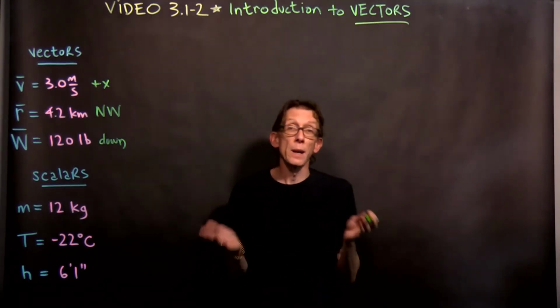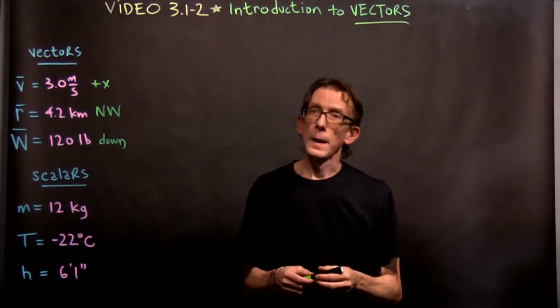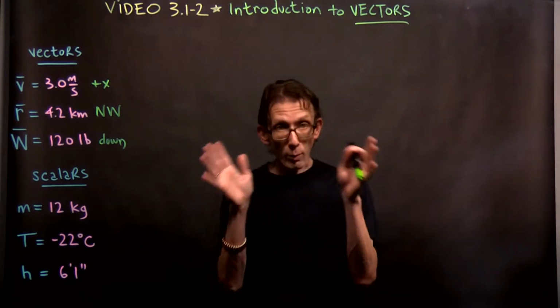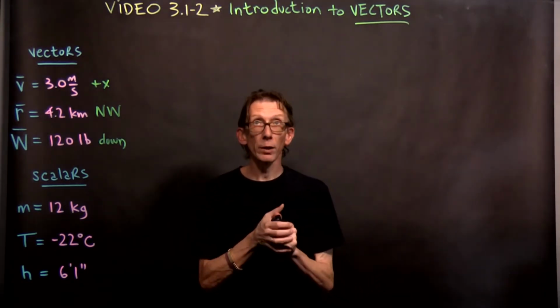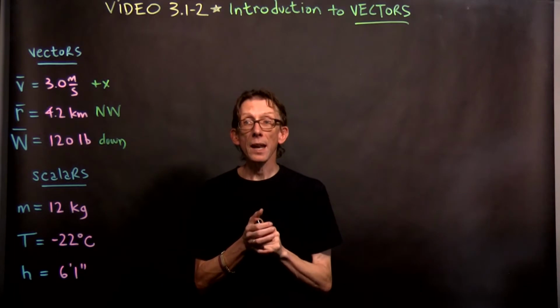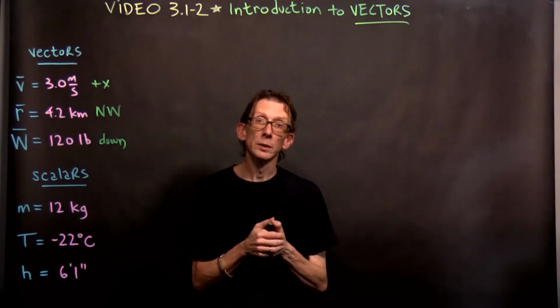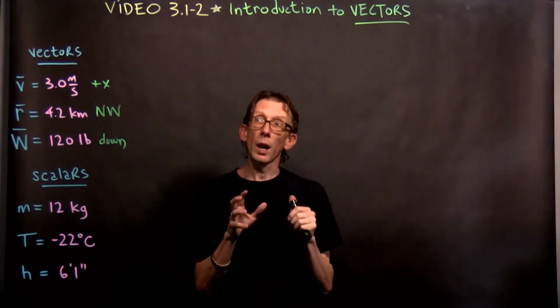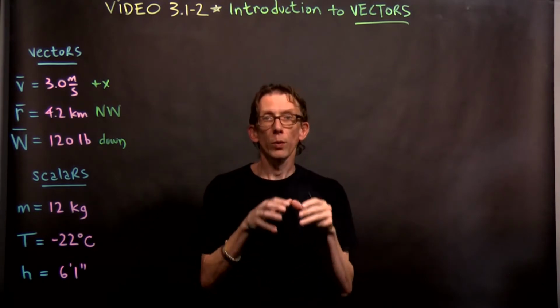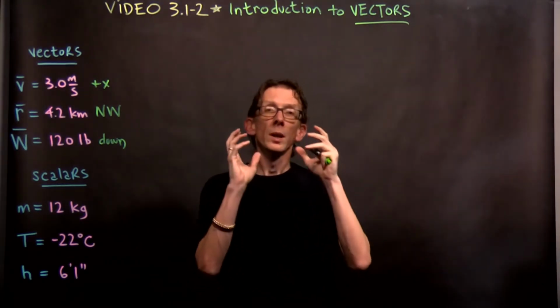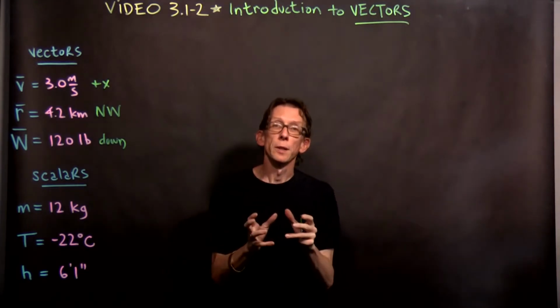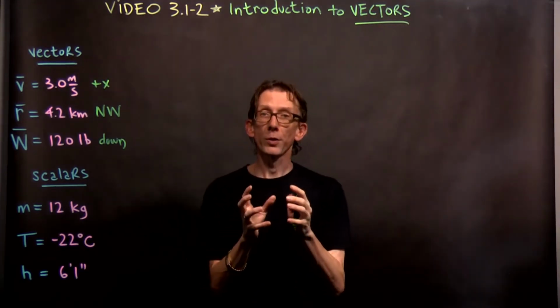Now, we've already said a little bit about them, and to remind you of what a vector is, it is a quantity that is really a collection of two quantities. A single vector has two parts to it.